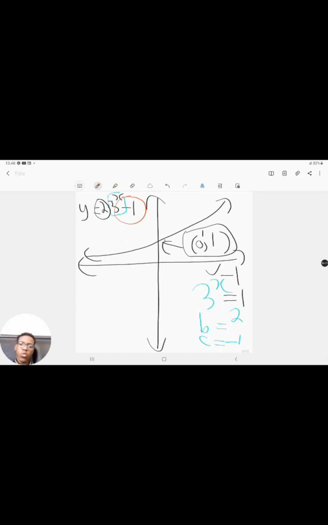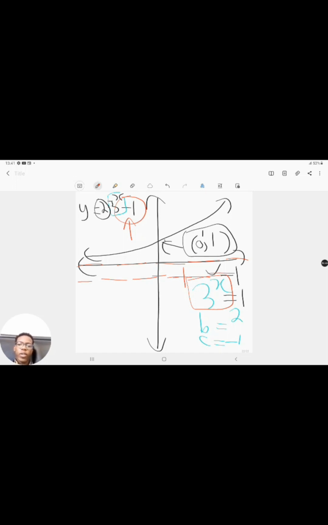If the original is 3 to the power of x, you know that the asymptote is there. But then that -1 tells you to shift your asymptote downwards by 1 unit. So your asymptote will be there.